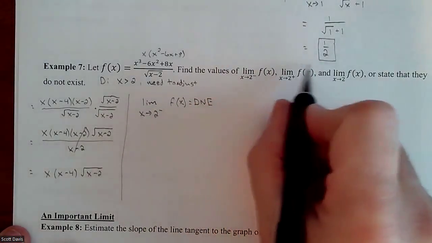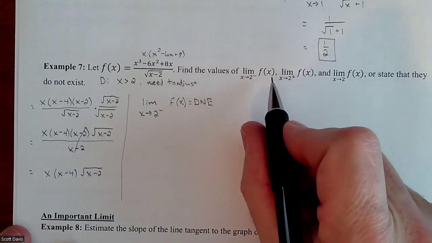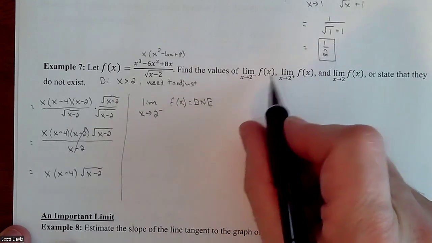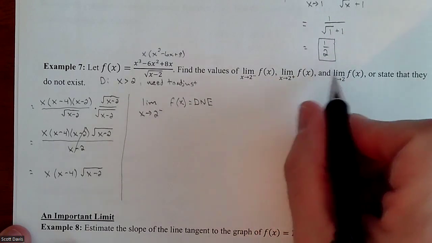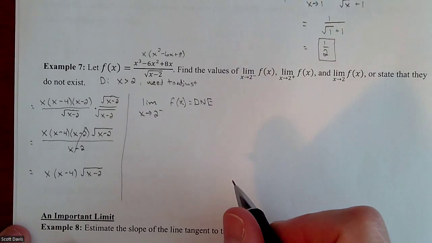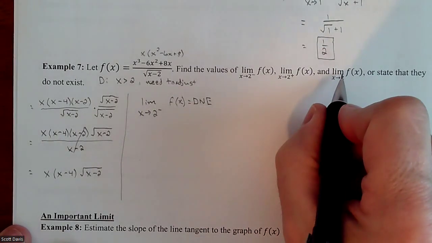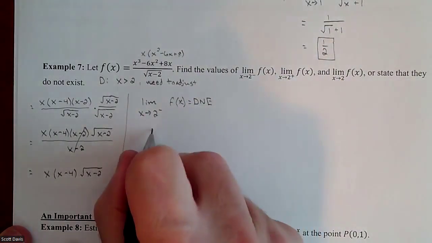Which also means that you don't have an overall limit, because the idea of the limit is that I need to be approaching the same thing on both sides. And as soon as this goes to does not exist, this one's not going to happen. So it's not an asymptote, it's not anything like that. There are just literally no values for it. So this will also be does not exist. But let's figure out the other side.